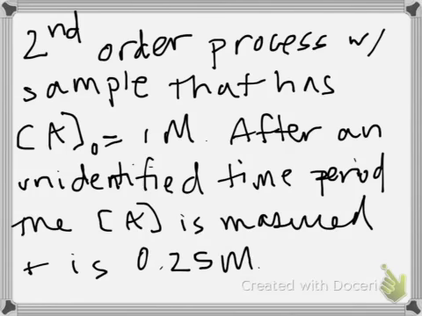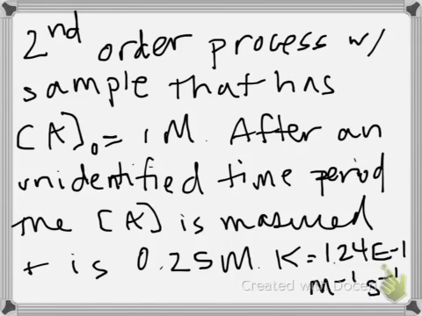The rate constant for this process is equal to 1.25 times 10 to the minus 1, molarity to the minus 1, seconds to the minus 1. The question is, what is the time period that's passed to reduce the concentration of A that's initially 1 molar to a concentration of 0.25 molar?